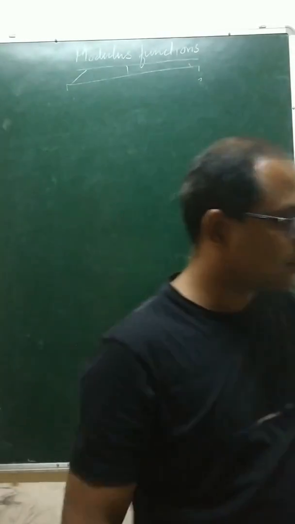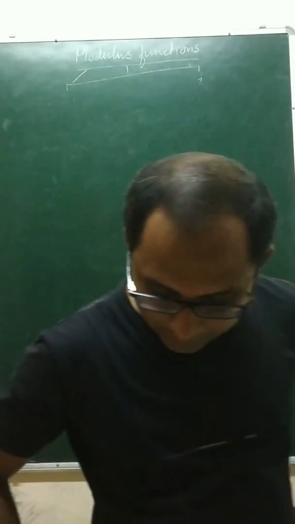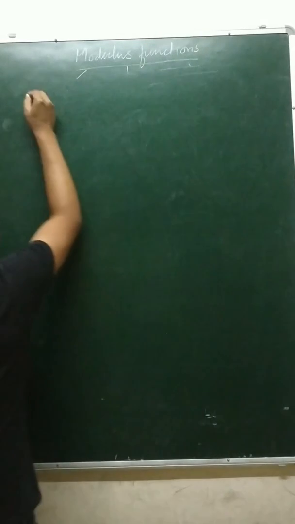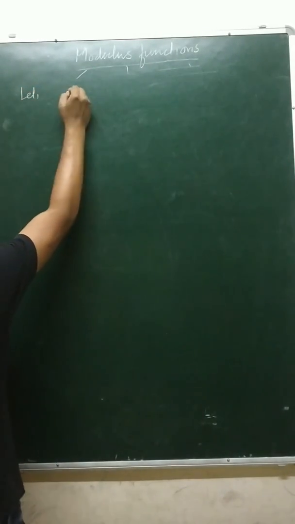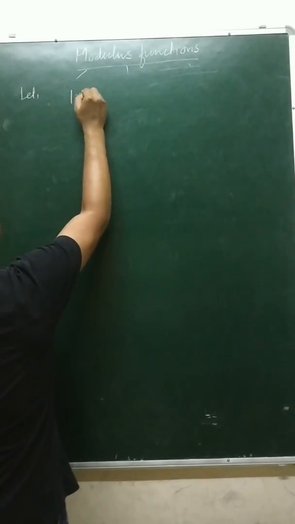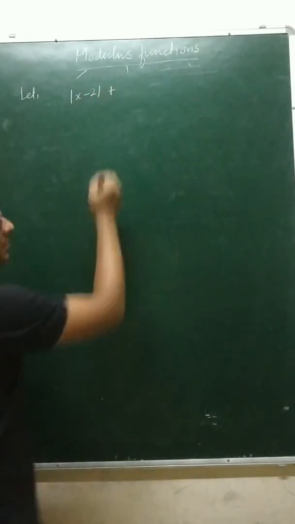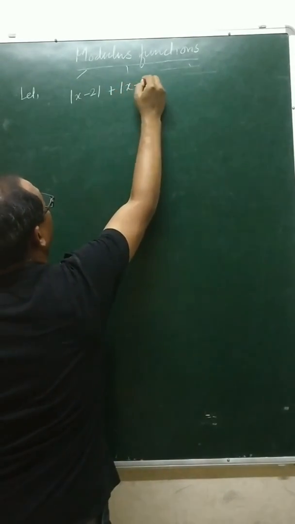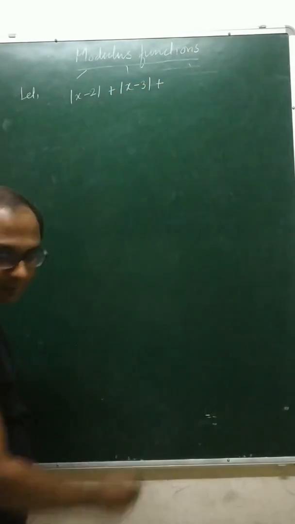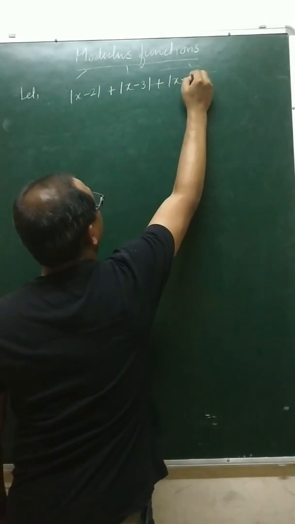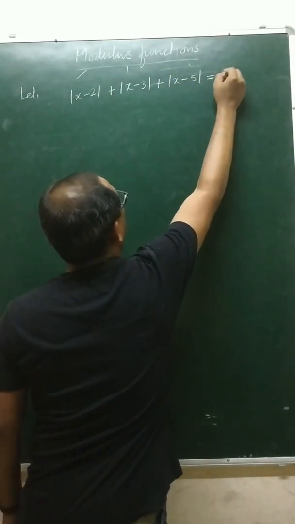The question is, let modulus of x minus 2 plus modulus of x minus 3 plus modulus of x minus 5 is equal to lambda.